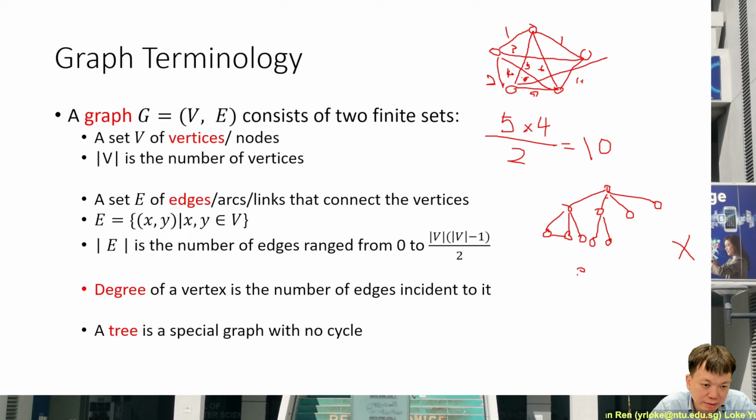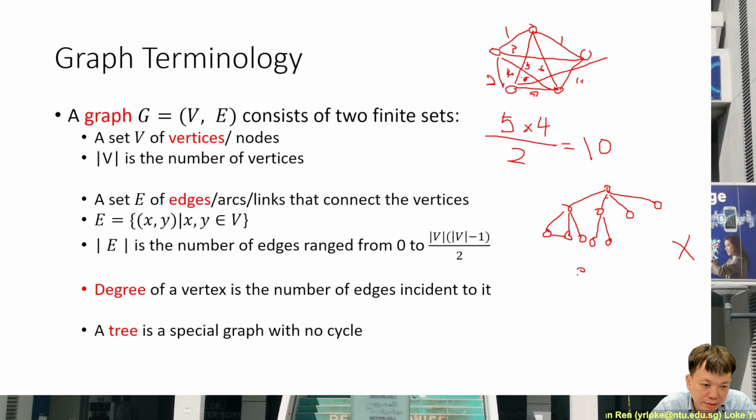If I travel from A to D to B, then the total cost is 3 plus 2, which is 5, which is lower.